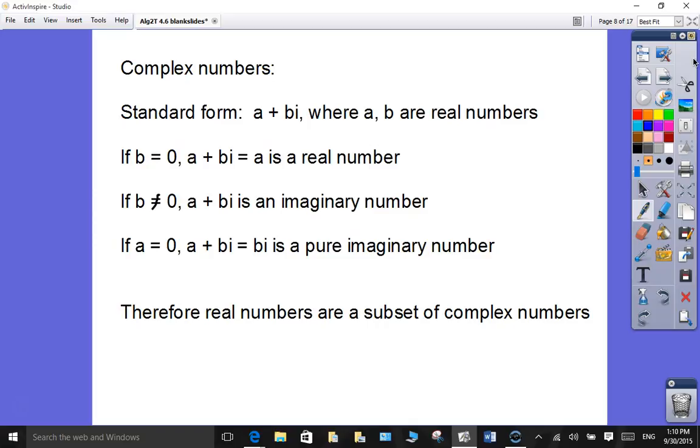It's not something I'm making up and somebody else uses something different. It's part of the SOL that we're supposed to know that you write complex numbers as A plus BI, where A and B are real numbers. That means that the A, the first term, is the real part, and the BI is the imaginary part. You always write the real part plus the imaginary part. That's what we mean by standard form.